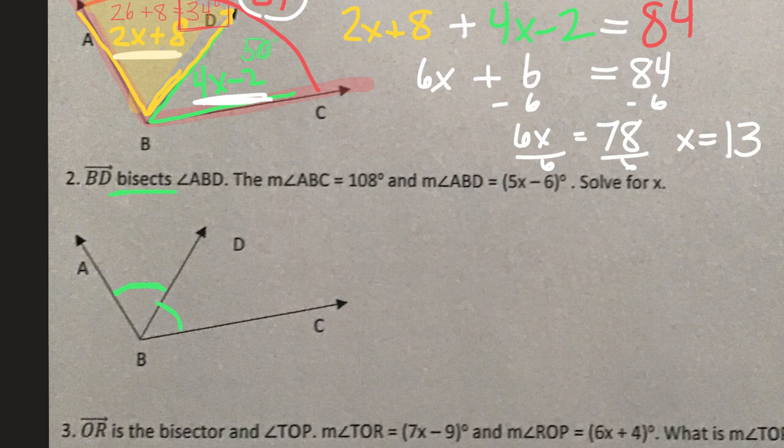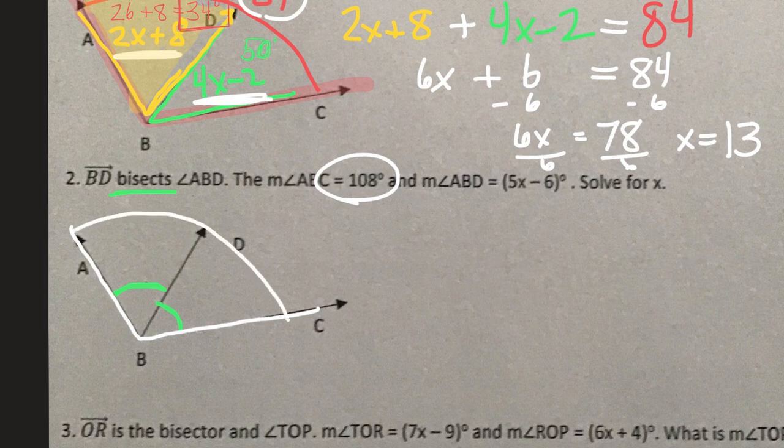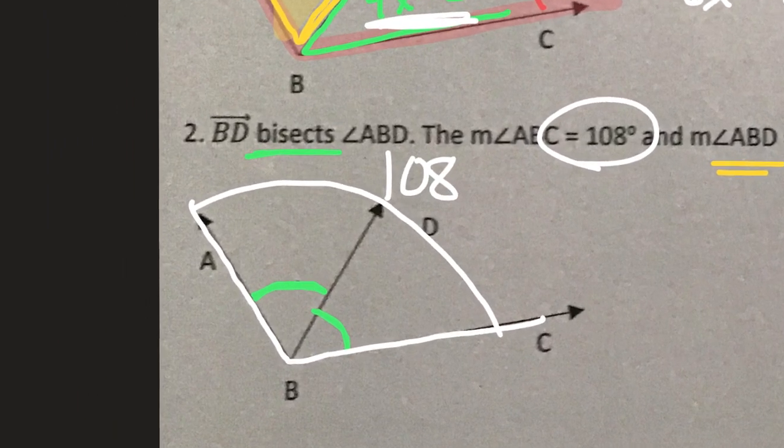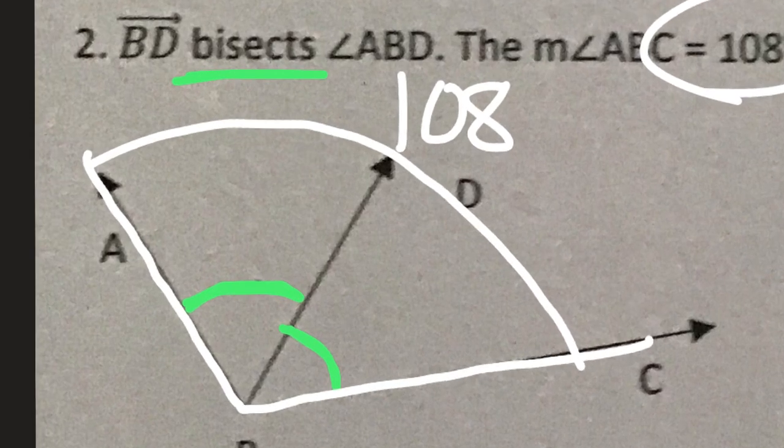We know that angle ABC, the largest angle, is 108, so we put a big arc over everything with 108 degrees. We also know that ABD is 5x minus 6 degrees, that is just this one.